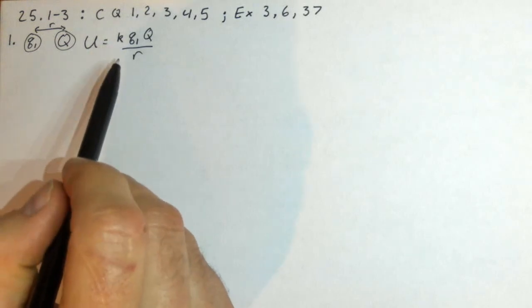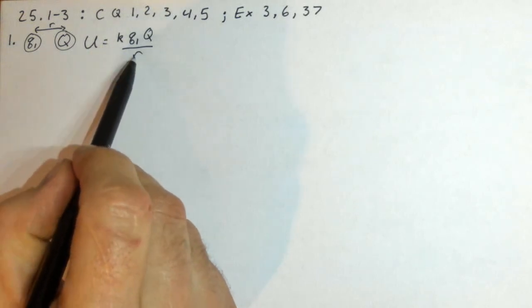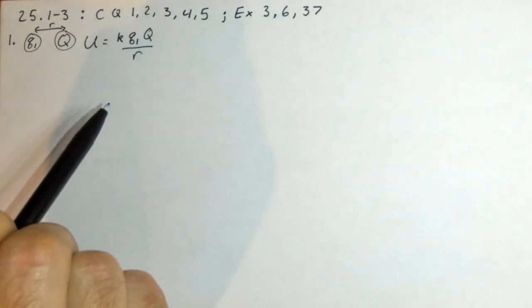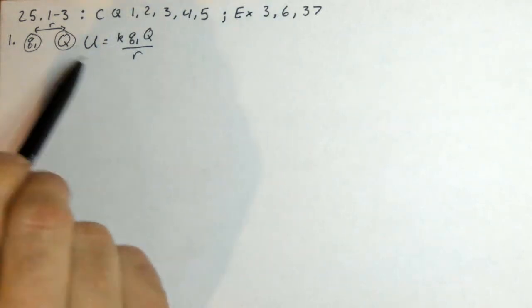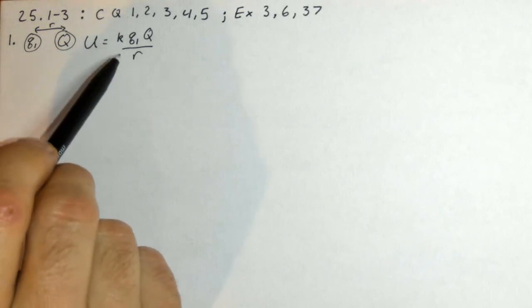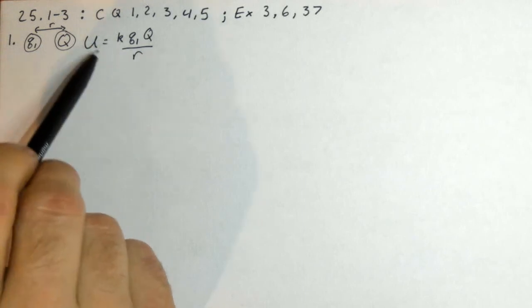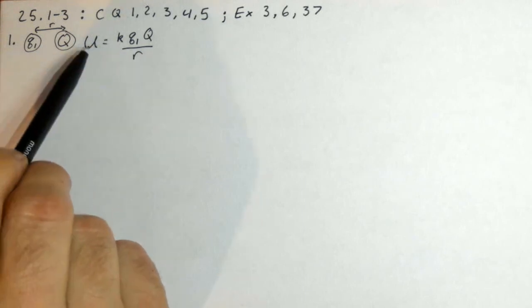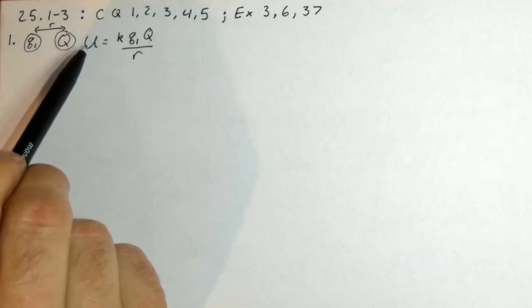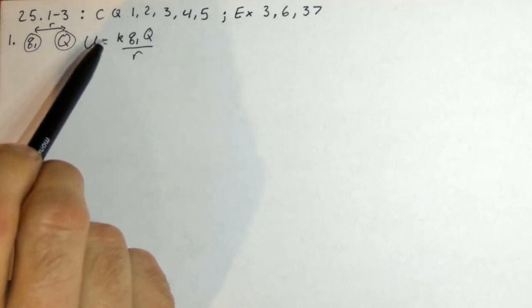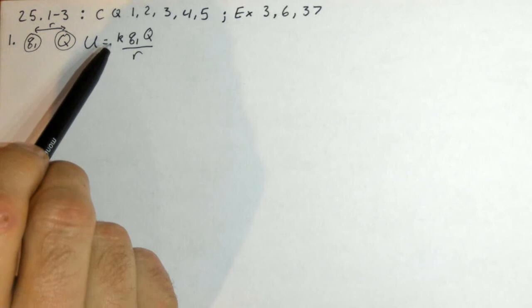There's one slight difference, and that is it's over r to the first power instead of r to the second power. Otherwise it's just the same, and you have to be very careful to remember the difference. And there's a conceptual difference too, that this is not a vector. This is just a number. It can be plus or minus, positive or negative, but it doesn't have any direction associated with it, and that becomes an important thing.